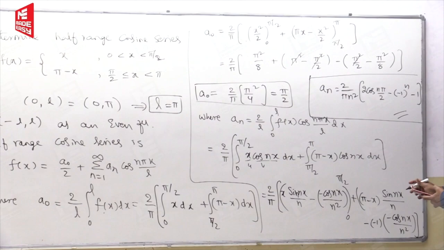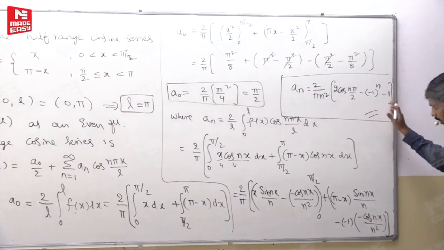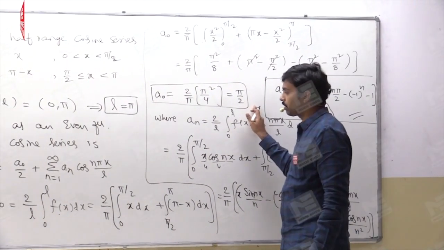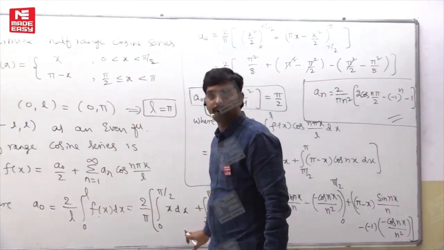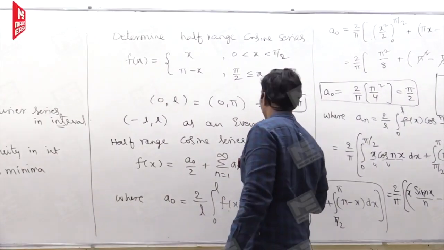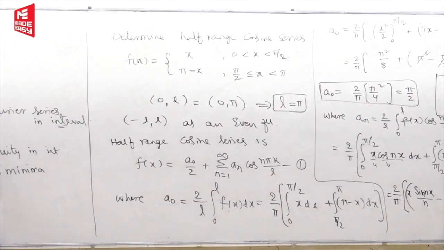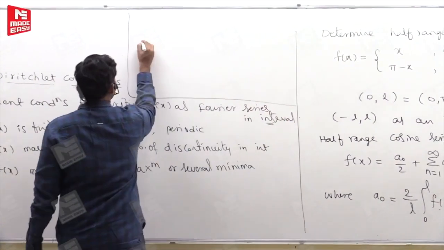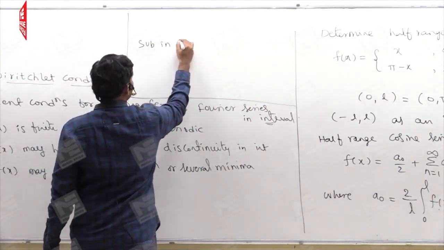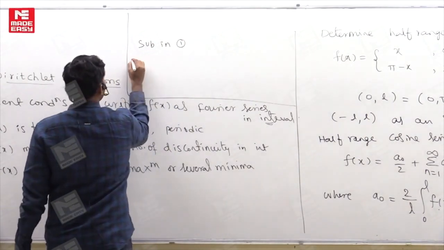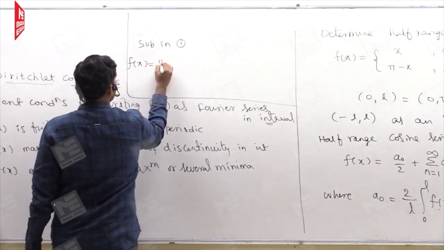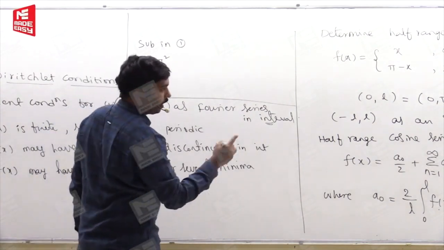So this is what you are going to get for a n here. So a n value is this, a naught value is this. Just substitute into this Fourier series 1. Substitute in 1.